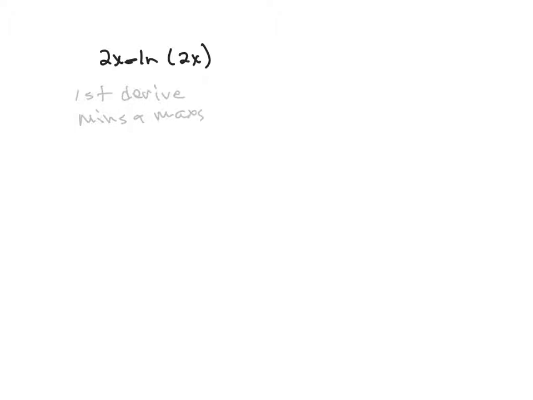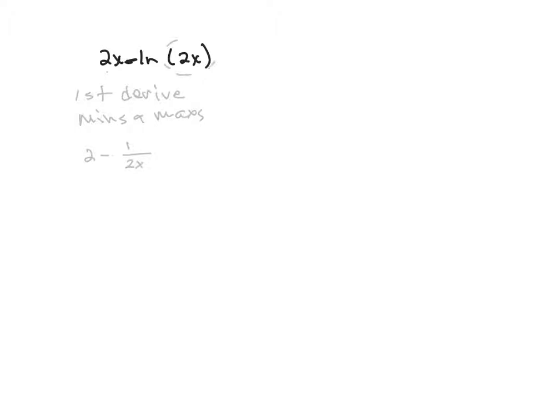So, oh boy, the derivative of 2x is 2 minus, and then the derivative of the natural log of x is 1 over x. So this is a composite function, and I need to use the chain rule. It's the derivative of the outside function, 1 over 2x, you leave the inside function alone.